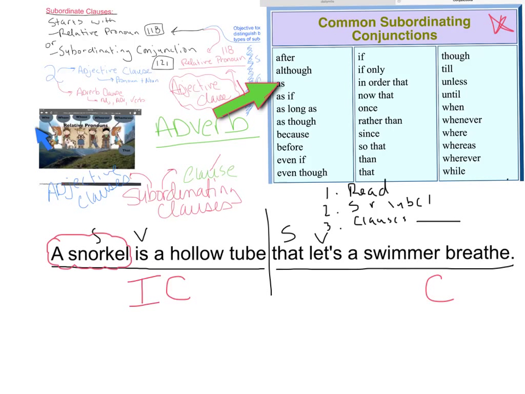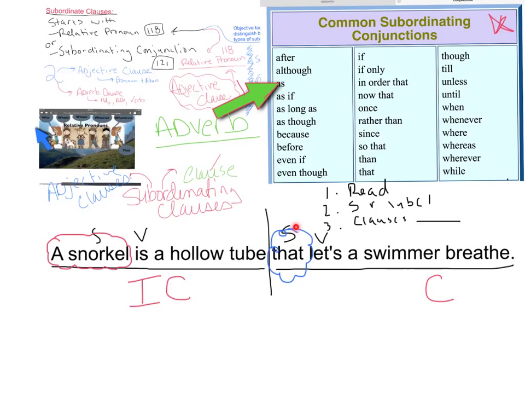On the other side, again, I want to look at that first word. "That." Is it over on my subordinating conjunctions? Oh, it is there. That's interesting. It could be that, but it's also a relative pronoun. So now I've got to make a decision here.